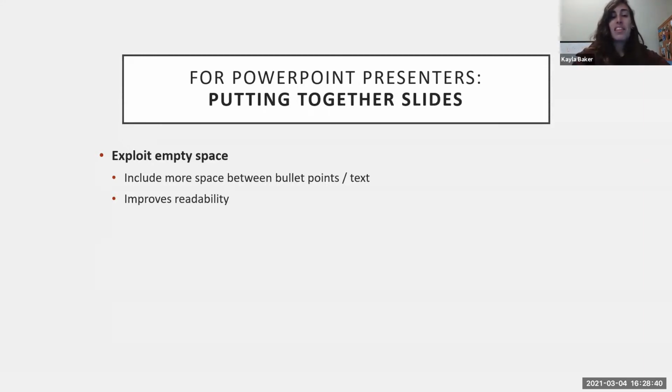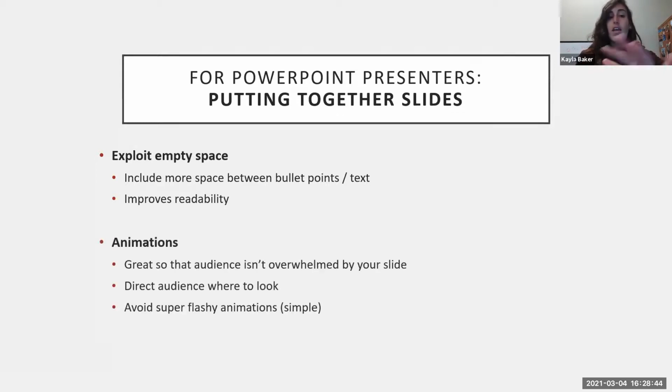This section here where it says exploit empty space, I'm talking about that first. Now I have the animations part up. So now I'm drawing your attention to this section. This is great because when you use animations, it's not like you're throwing a whole full slide at your audience. So your audience isn't overwhelmed by all of this text on the slide. Again, you're controlling your audience.